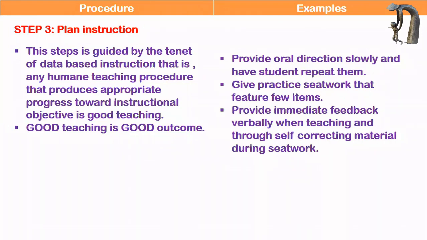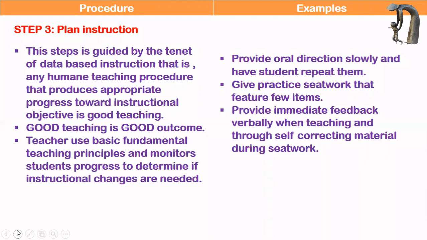Because the teacher uses basic fundamental teaching principles and monitors the student progress. To monitor the student progress, you need to determine the instructional changes which are required in your instructional plan.